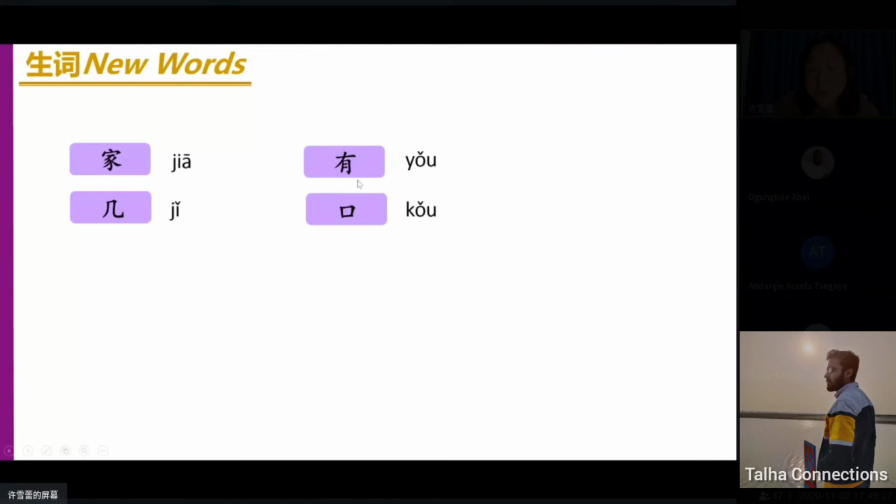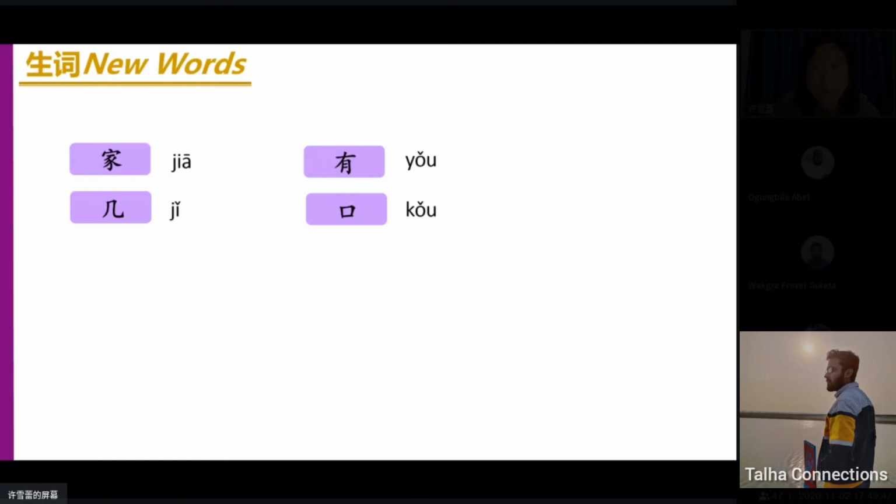Oh, you mean 有? This one, 有. 有 means have. For example, I have an apple.